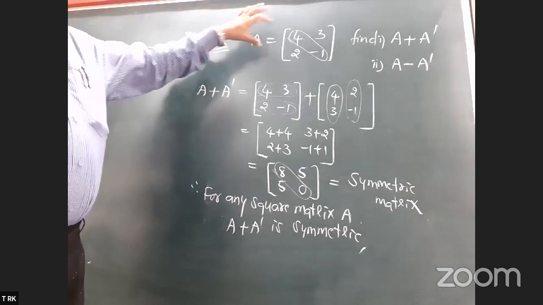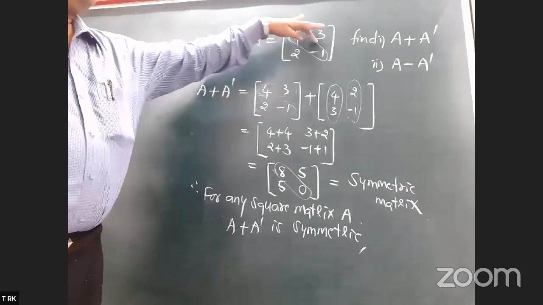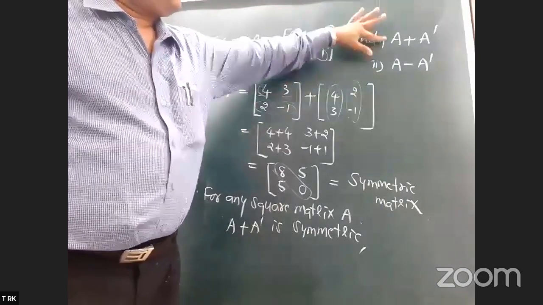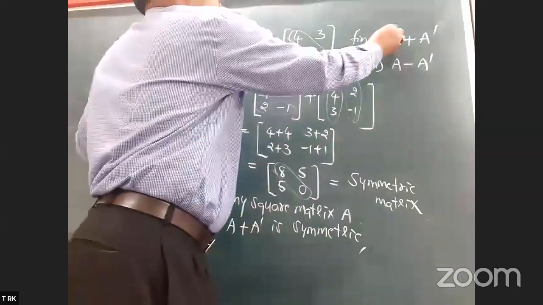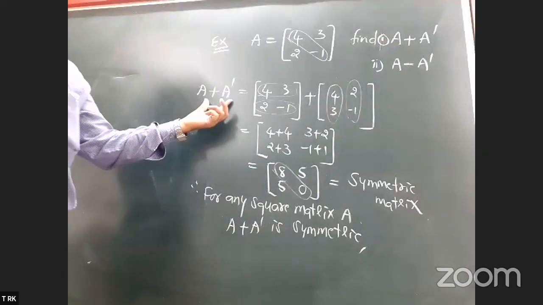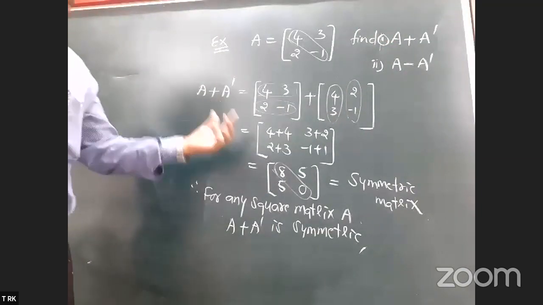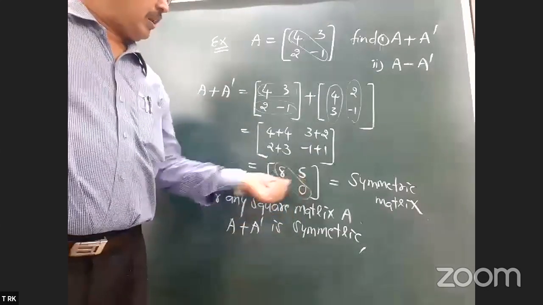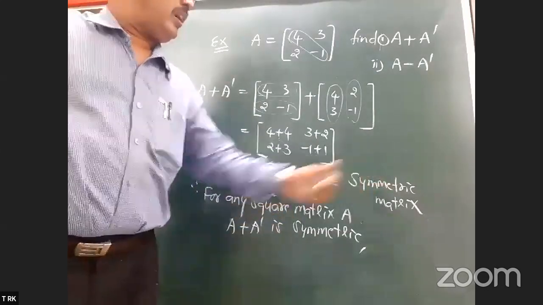A is equal to 4, 3, 2, minus 1. Find these two. And for the solution of first, A plus A dash gives a square matrix in which on either side elements are same. It is symmetric type, symmetric matrix.